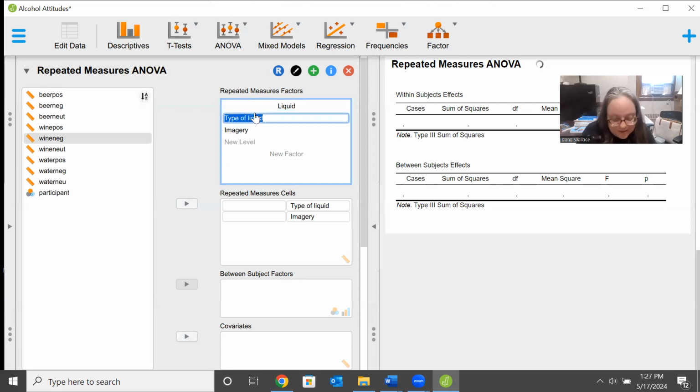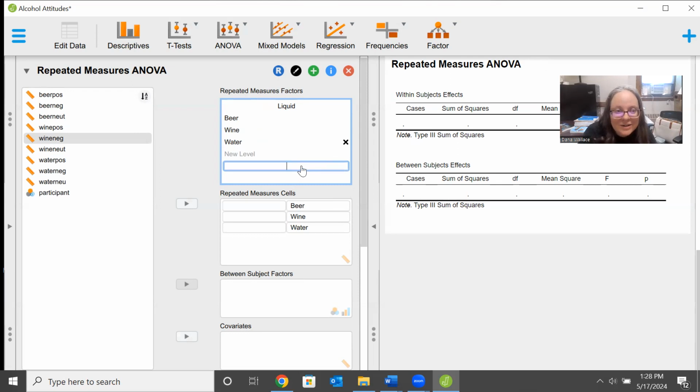And we've got here wine, water, and then we've got image. Whoa, no, we don't have a new level. We have our new factor, which is our imagery factor.